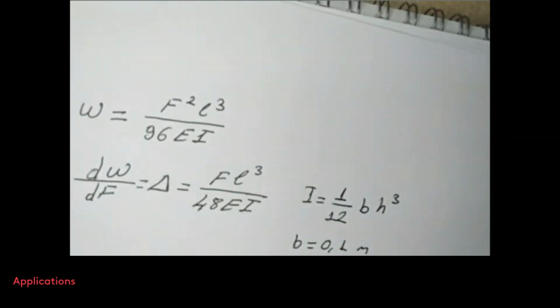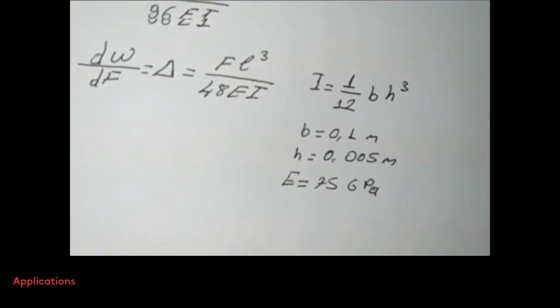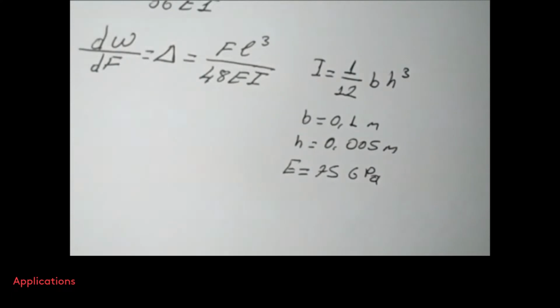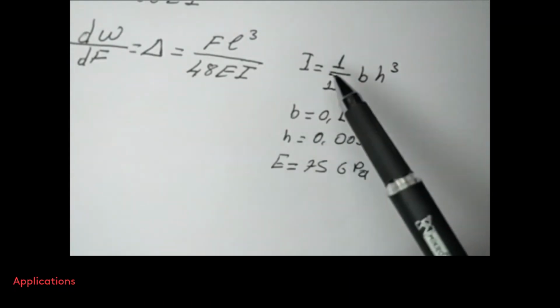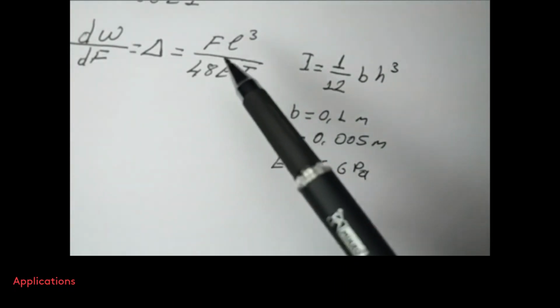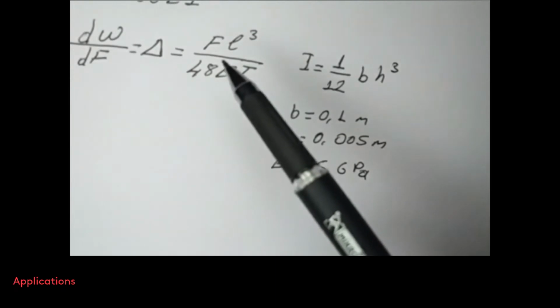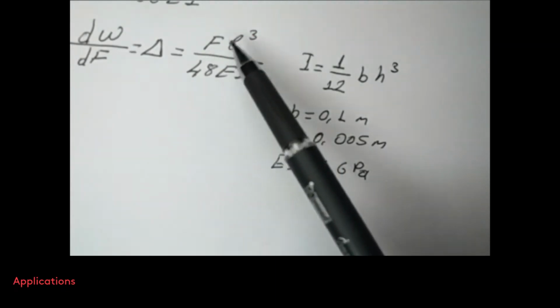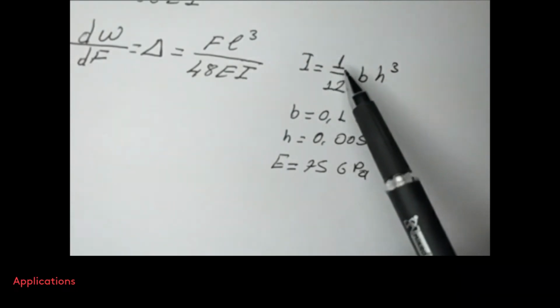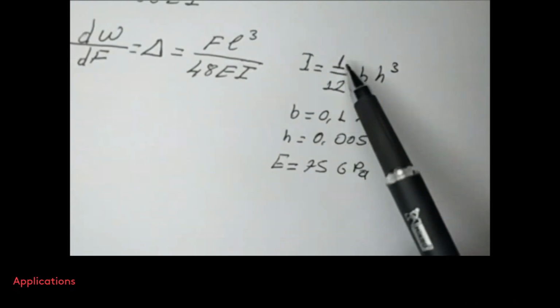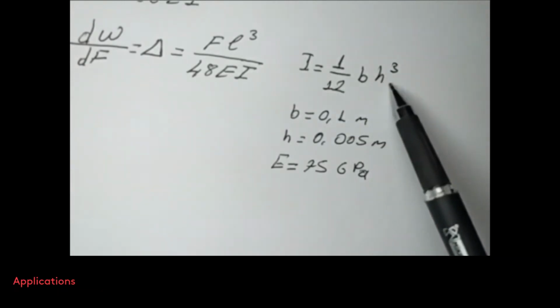so let me repeat it once more. We have the formula for the delta. Delta is equal to F L cubed divided by 48 E multiplied by I, where the moment of inertia is 1 over 12 B H cubed. B is 0.1 meters, H is 0.05 meters, E is 75 gigapascals. In fact, L is already given to us.